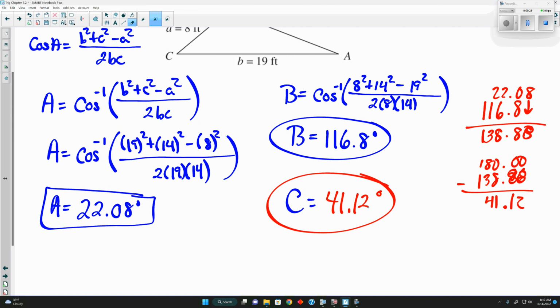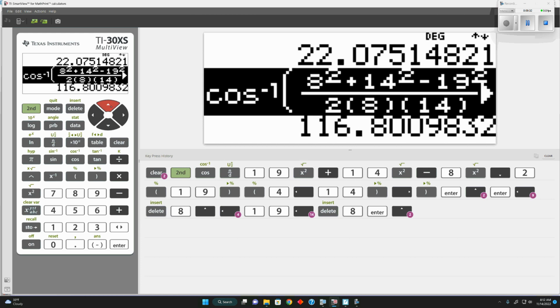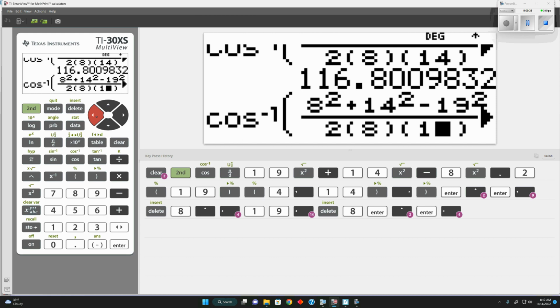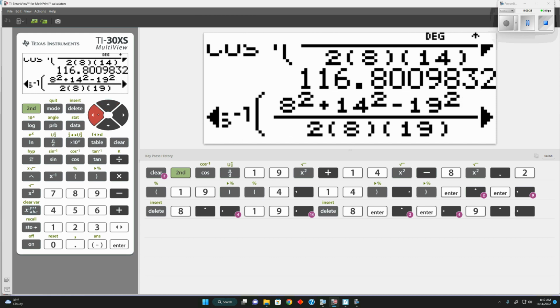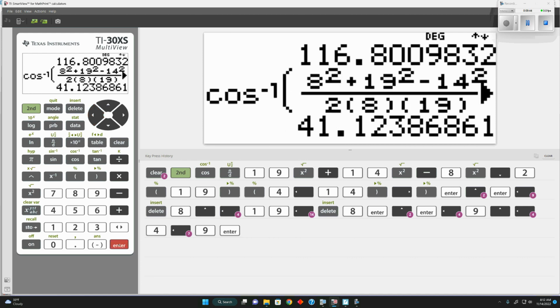So C is our 14. So if we wanted to, in the calculator, have plugged it in, we do get the same value.